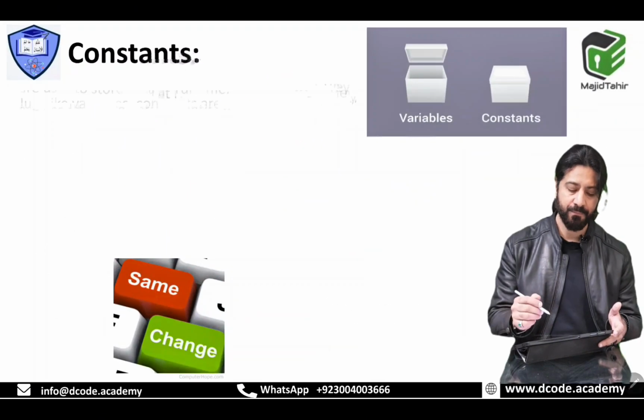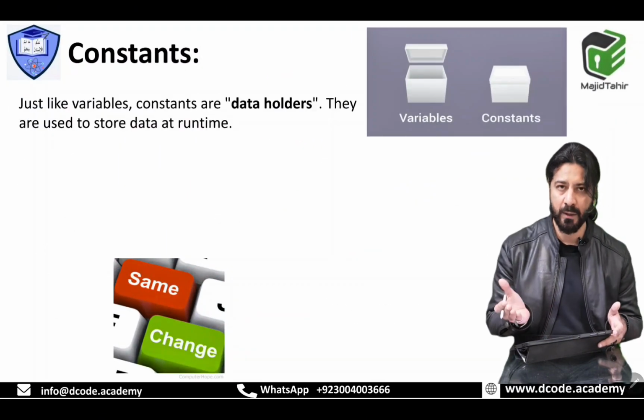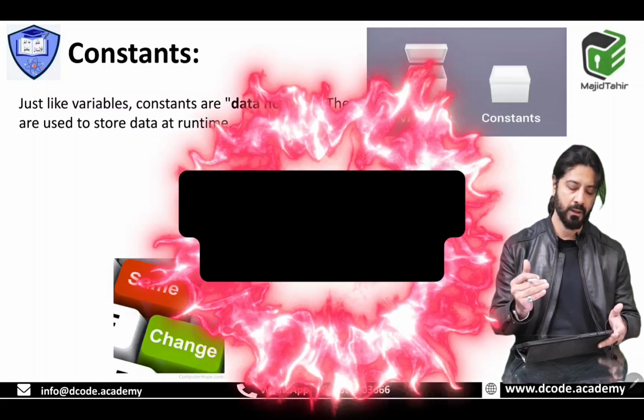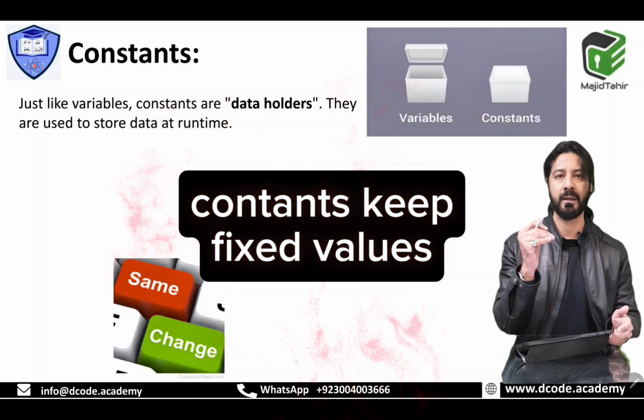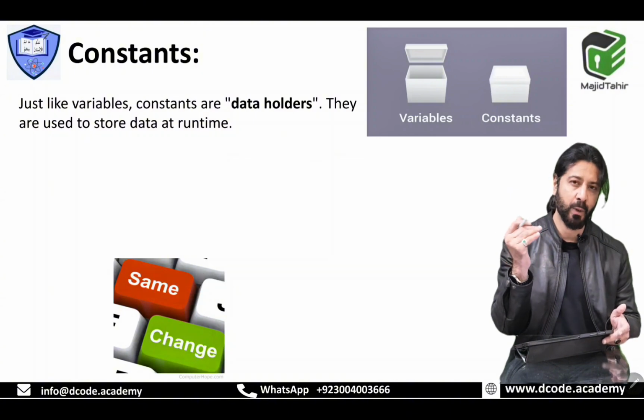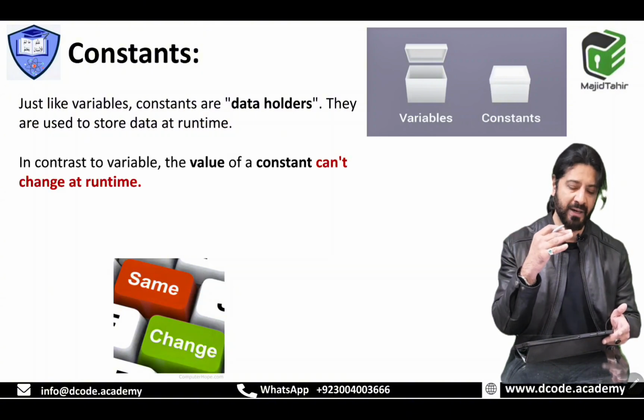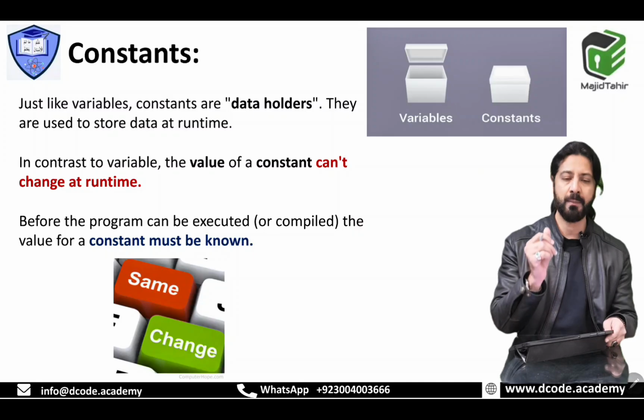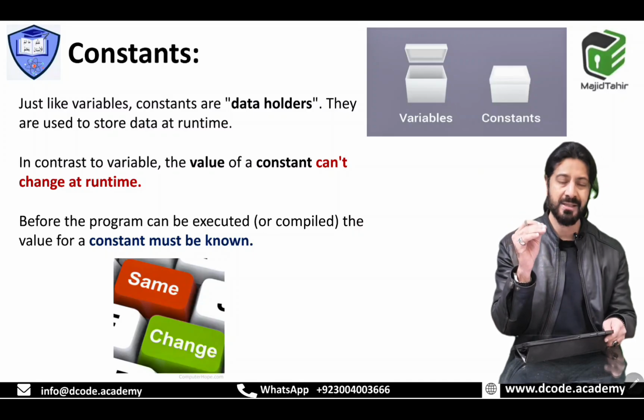Then we have constants. A constant is just like a variable. They are data holders. They can hold some value, but the value of the constant does not change while the program is running. So the value of the constant will stay the same while the program is running. Before the program is executed, the value of a constant must be known.